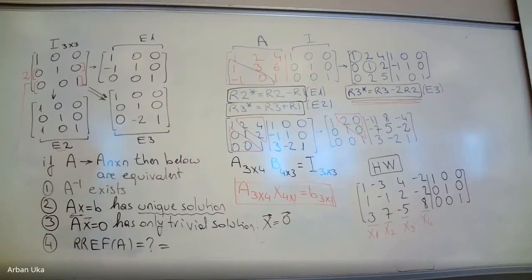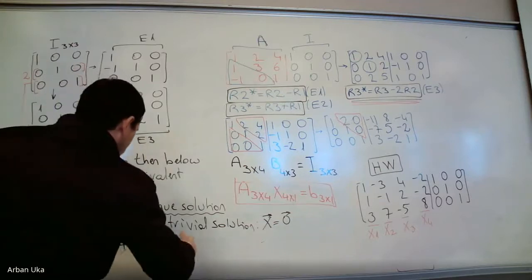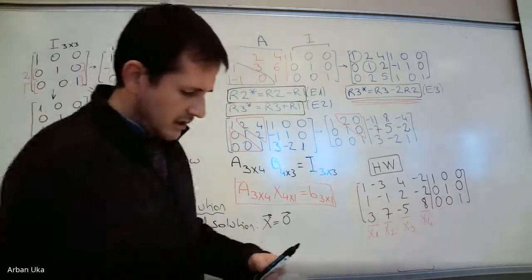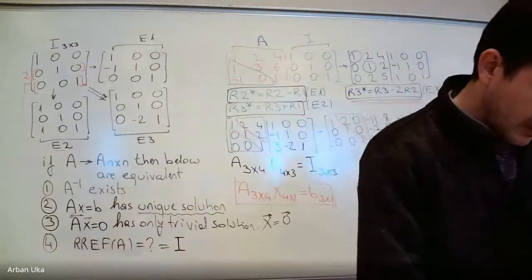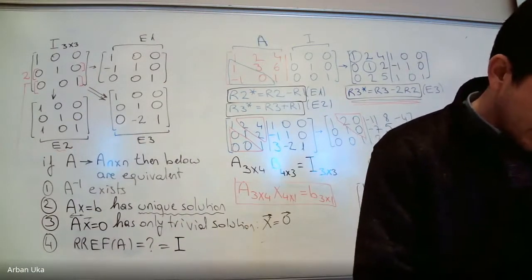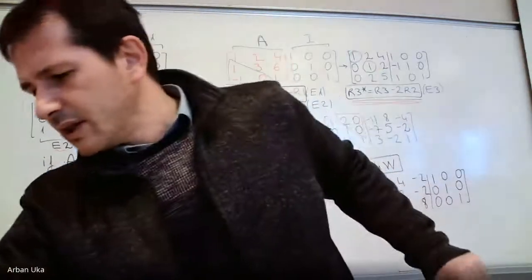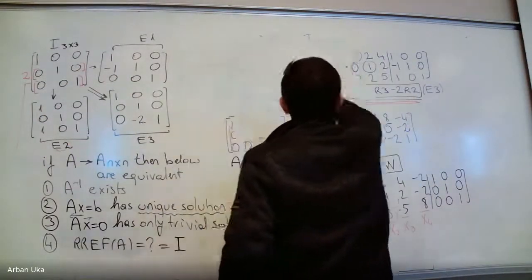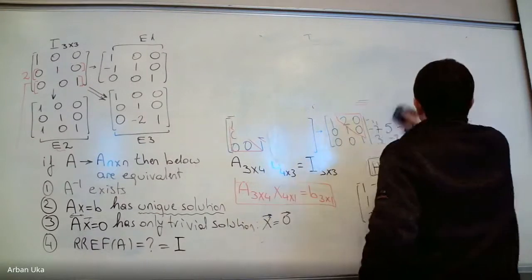So if we try to find the reduced row echelon form using elementary row operations from a matrix A, then this would be equal to the identity matrix, and I think this is what we have seen so far. So these were equivalent statements. Now, I think we found what the inverse matrix was using elementary row operations.